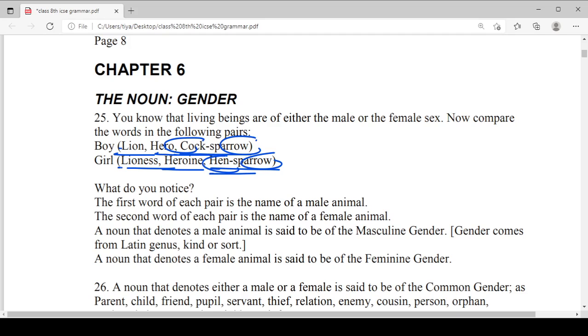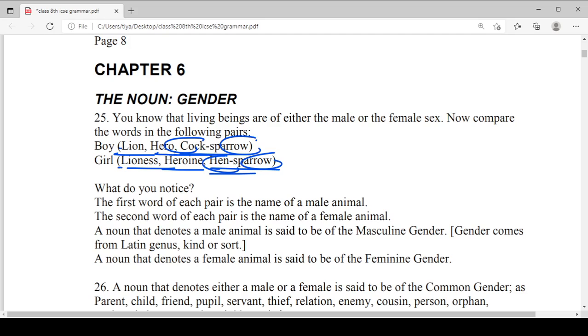So in this way we can change the male gender into the female gender, and sometimes we know what is the male gender and what is the female gender. This is the basic thing you have to remember before reading the nouns.